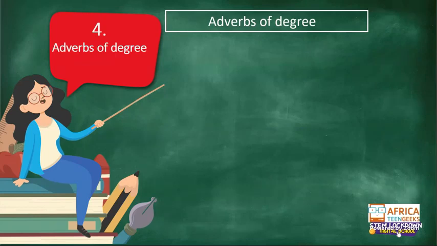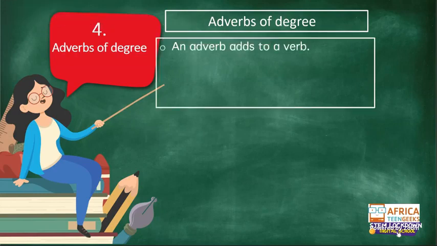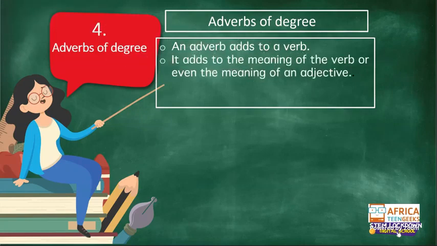Now we get to adverbs of degree. Now we've done a lot about adverbs recently, haven't we? Different kinds of adverbs. So here's a new one, adverb of degree. So you know an adverb adds to a verb, right? But did you know that it can also add to the meaning of an adjective?